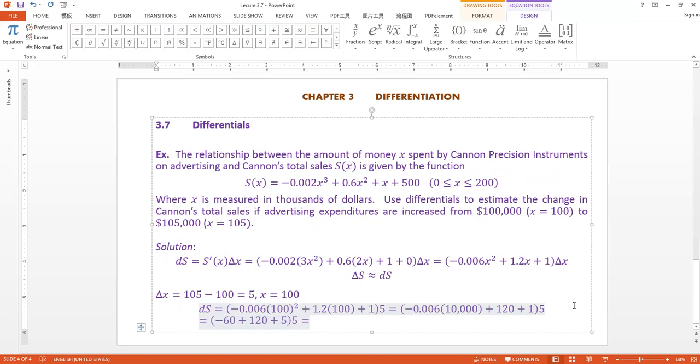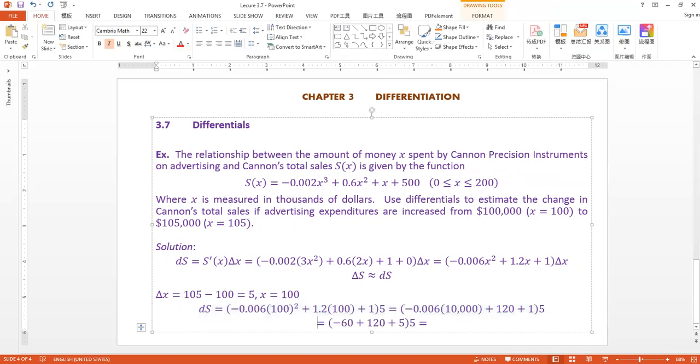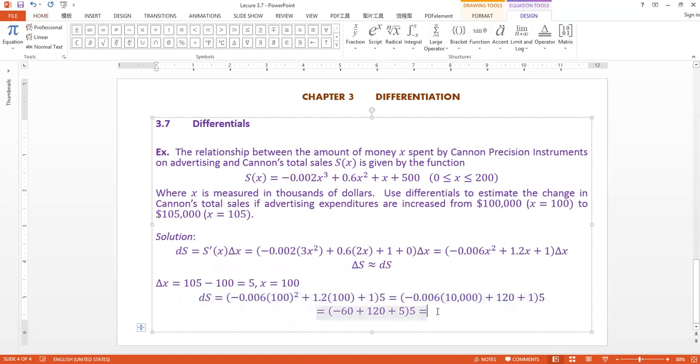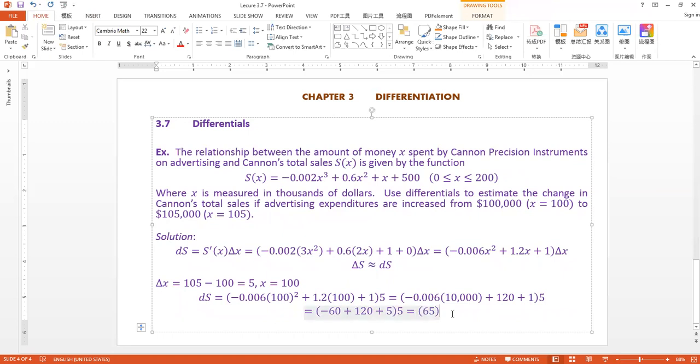So what will be the answer? Negative 60 plus 120 is positive 60. And 60 plus 5 is 65. Times 5. The answer will be what? 325, isn't it?